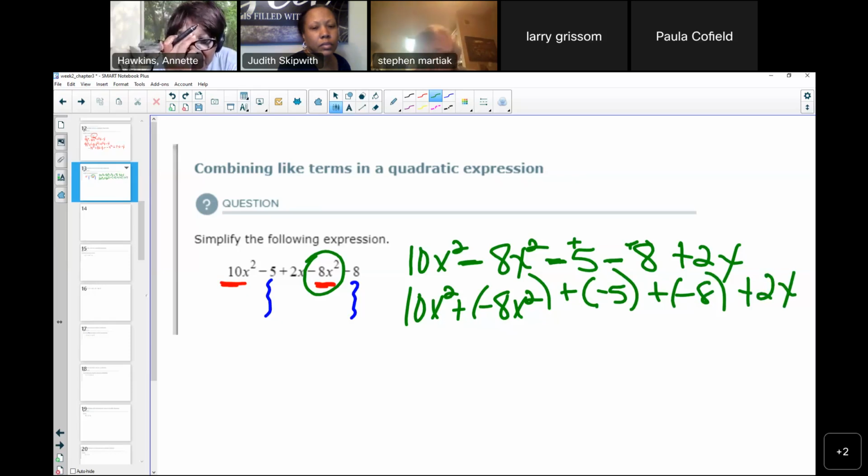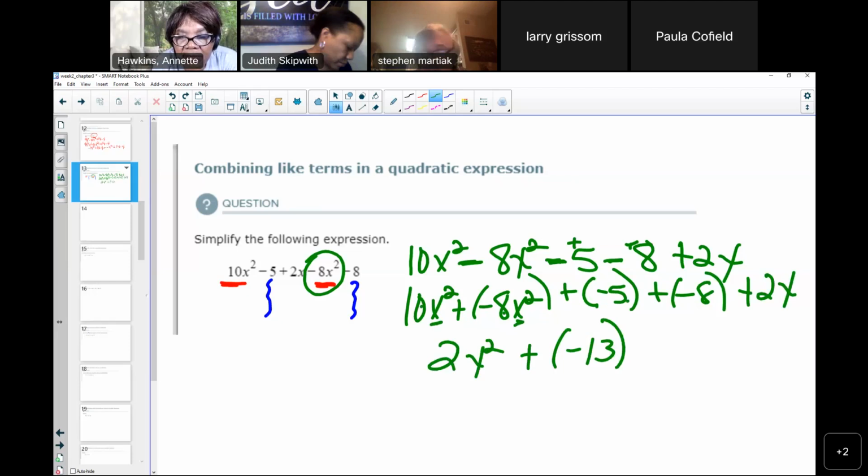Okay. All right, so this is my label. 10 plus a negative 8 is a 2. Negative 5 plus negative 8 is a negative 13 plus 2x.